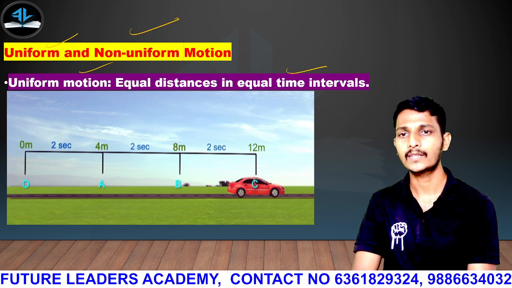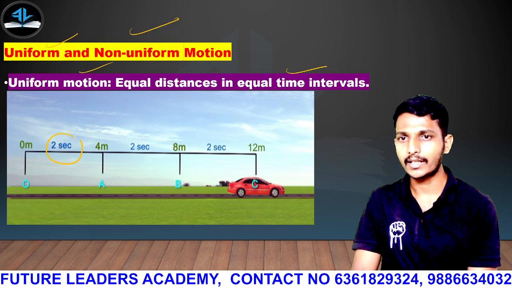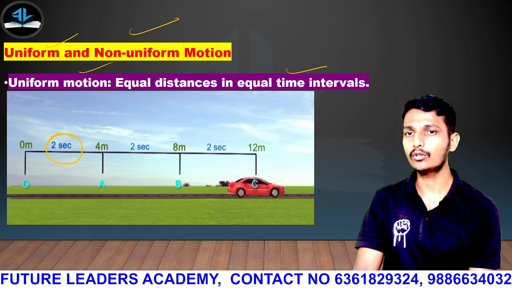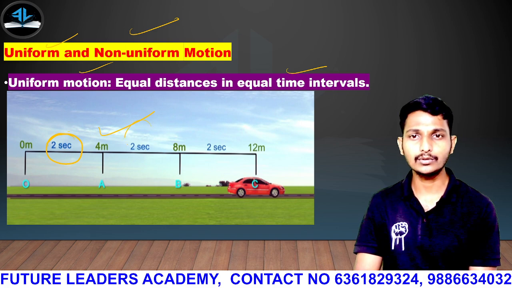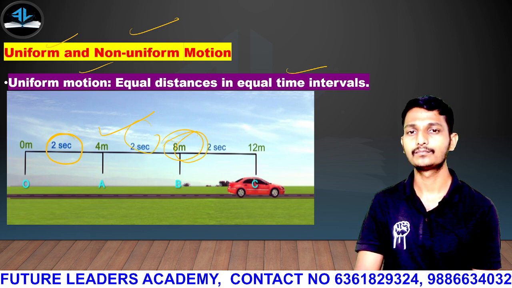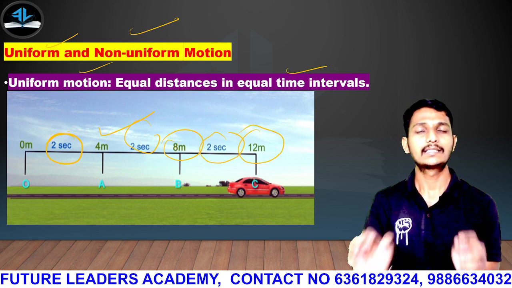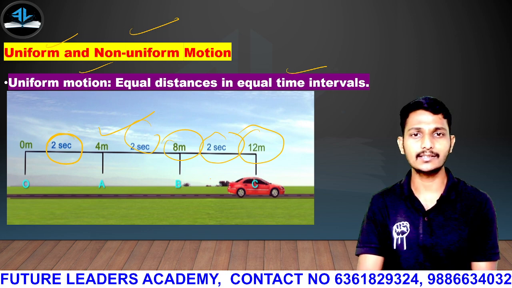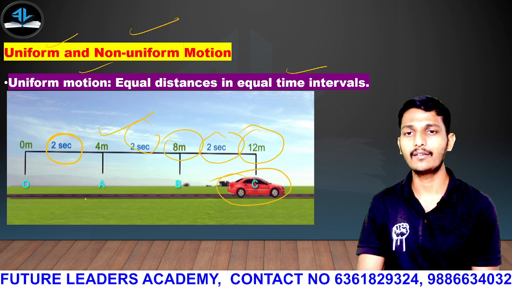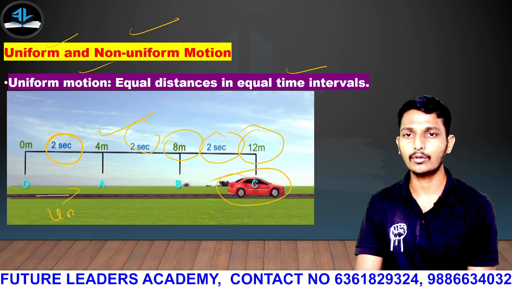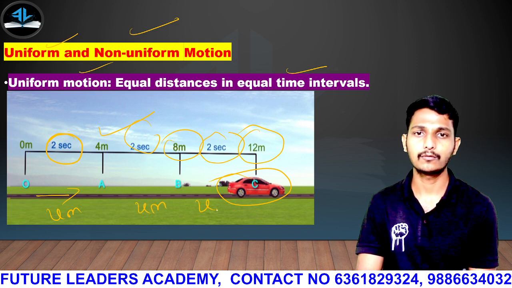I have given an example, see. In 2 seconds, 0 to 4 meter, another 2 seconds, 4 to 8 meter, then another 2 seconds, that is 12 meter. See, every 2 seconds this car is traveling equal distance, that is 4 meter, 4 meter, 4 meter.